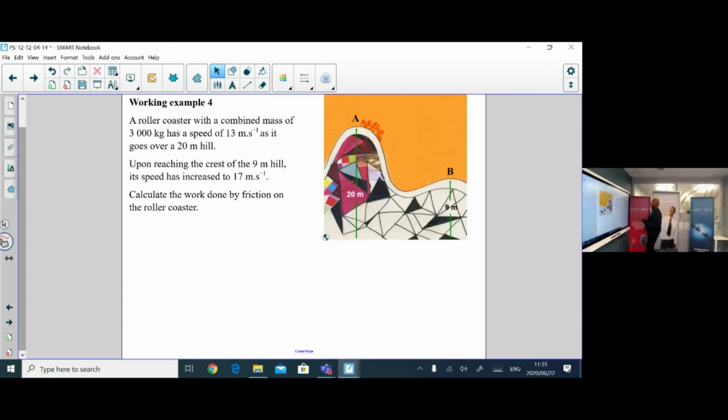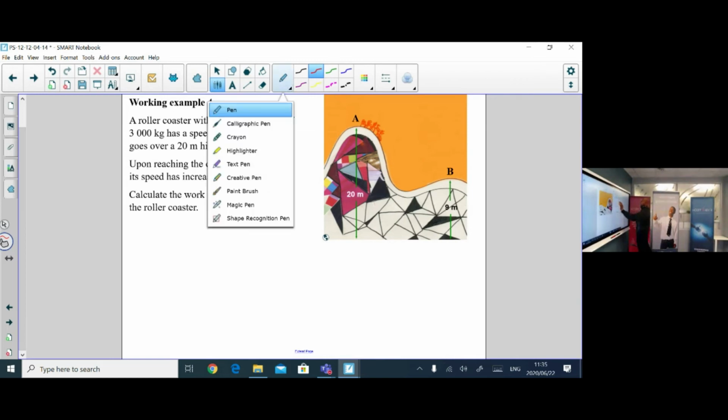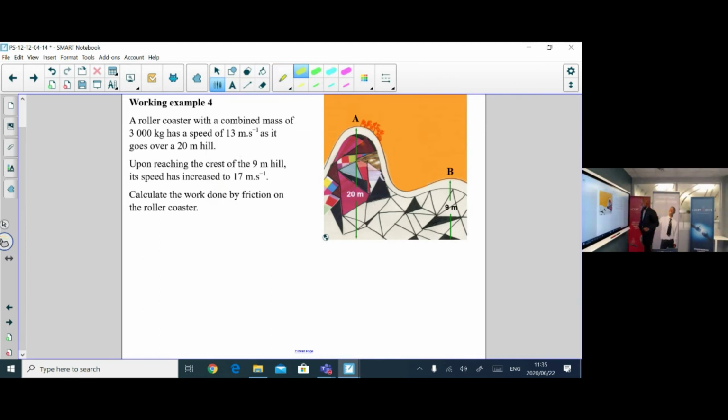All right. Let us start with this example. A roller coaster with a combined mass of 3,000 kilograms. This is the mass of the combined roller coaster.